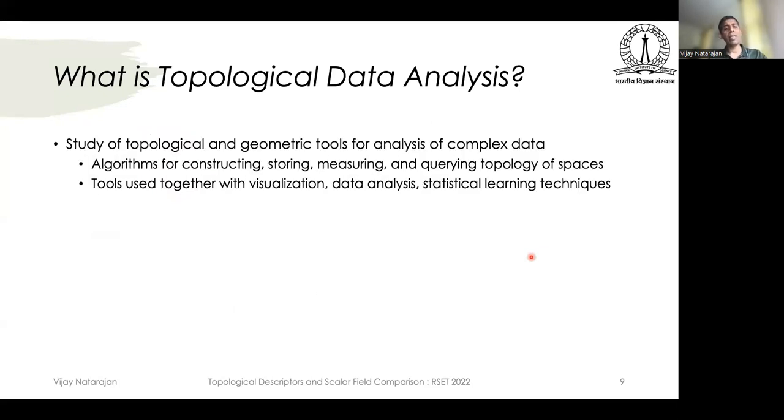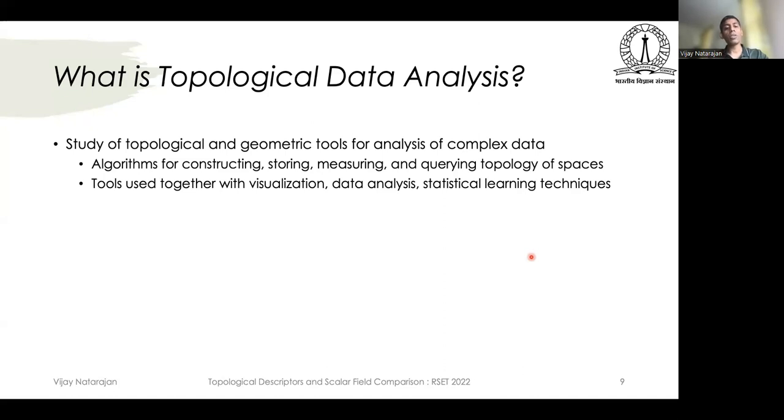It's essentially the study of various geometric and topological tools towards the analysis of feature-rich or complex data. As a part of TDA, we design algorithms for constructing representations of the topology of a space, algorithms for efficient storage of these structures, algorithms for measuring them and for querying from them.